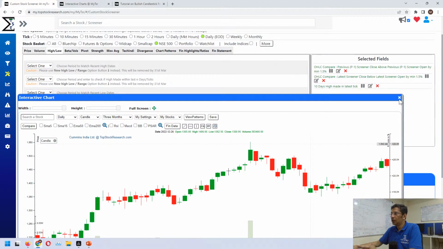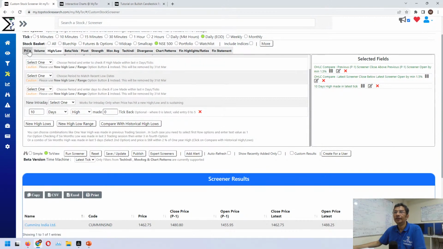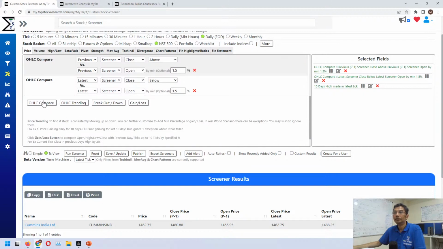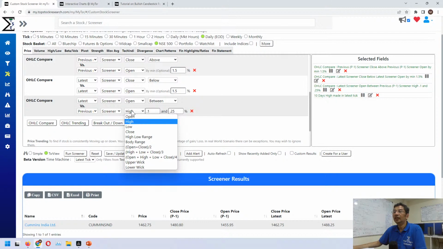Now the fourth condition that you can add over here is that the latest open is between 0.1 to 0.25% of the previous close.